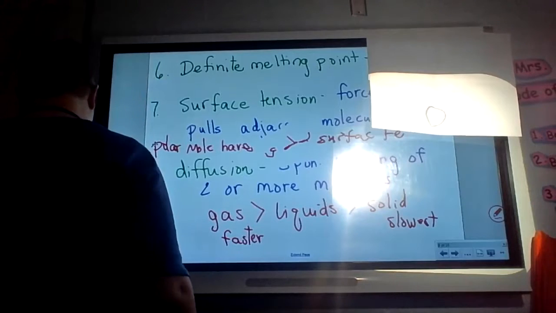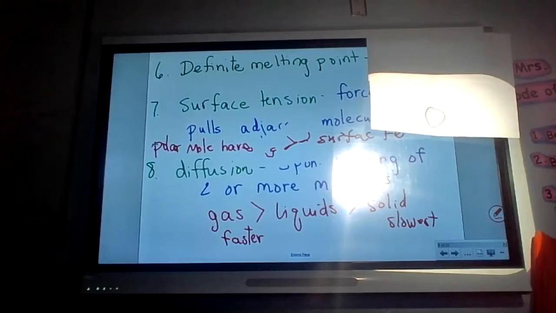Write that down. So polar molecules have good surface tension. Non-polar molecules have poor surface tension. You better get this paper. Polar molecules have good surface tension, and the opposite for non-polar.